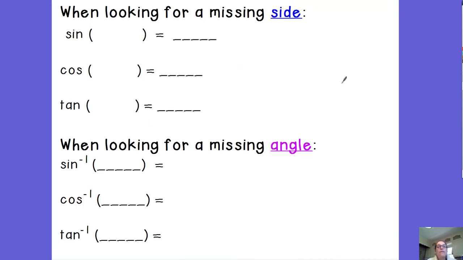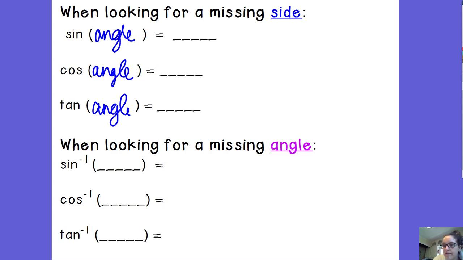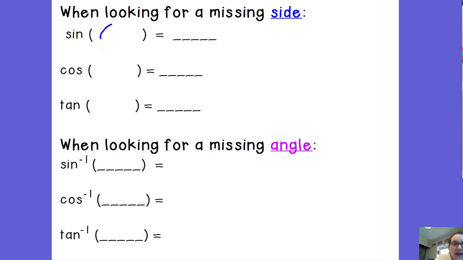Okay, so in conclusion, when you are looking for a missing side, you plug what you know, which is the angle, into the parentheses, and then that's going to be equal to your ratio.